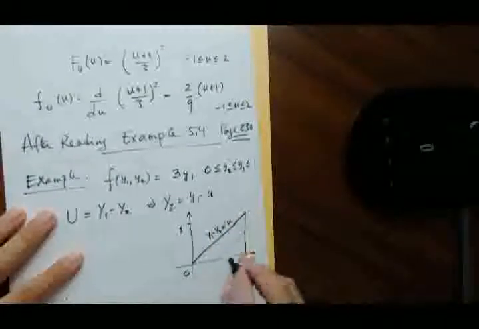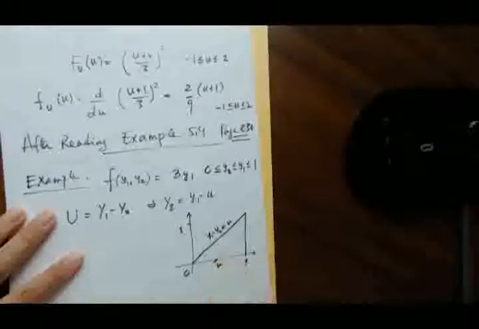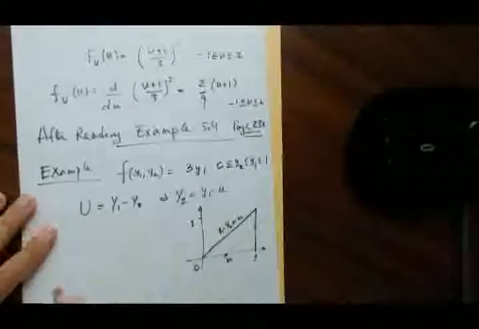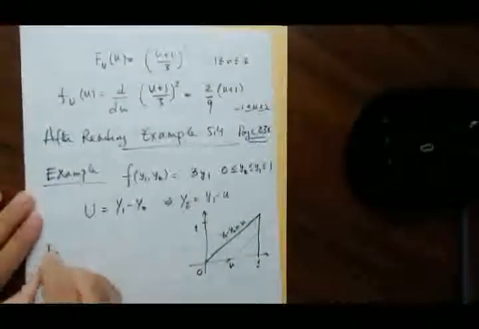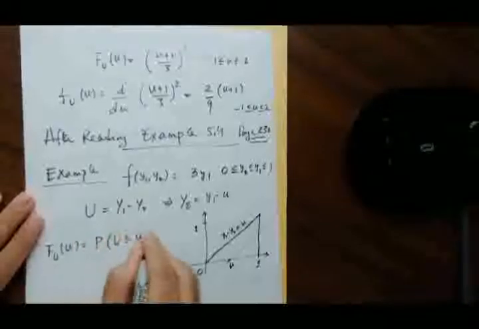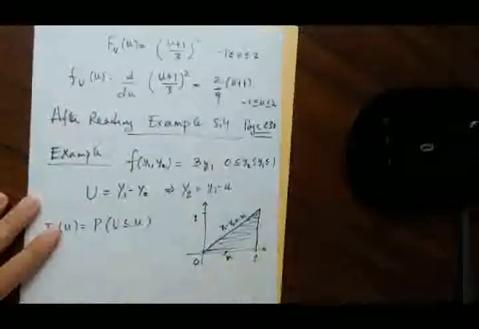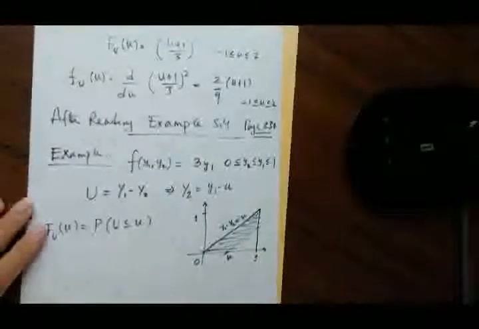And this is an arbitrary u I'm drawing, which is this point right here. And what I'm asking is to find the distribution function of u. So essentially this is the area that we are trying to figure out.